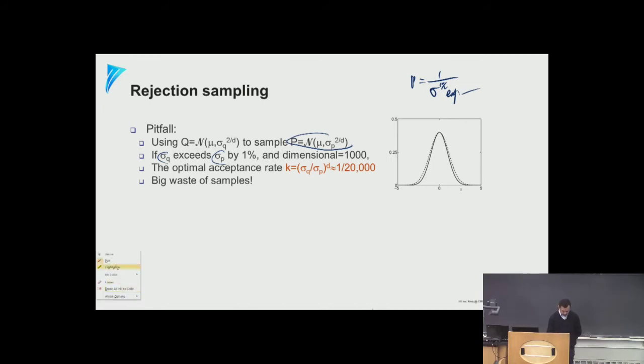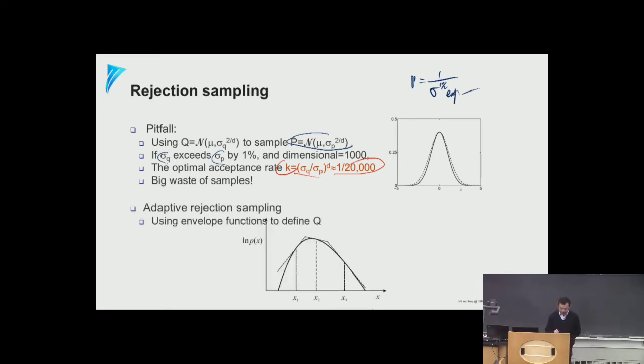Therefore, you could already calculate that k, which is measured by the ratio of these two elevated to the power of d, the dimension of the Gaussian, could be this big. Therefore, the actual volumes of these two distributions are vastly different in a high dimensional space. So you are going to reject your samples most of the time, even though the two distributions are so close to each other.